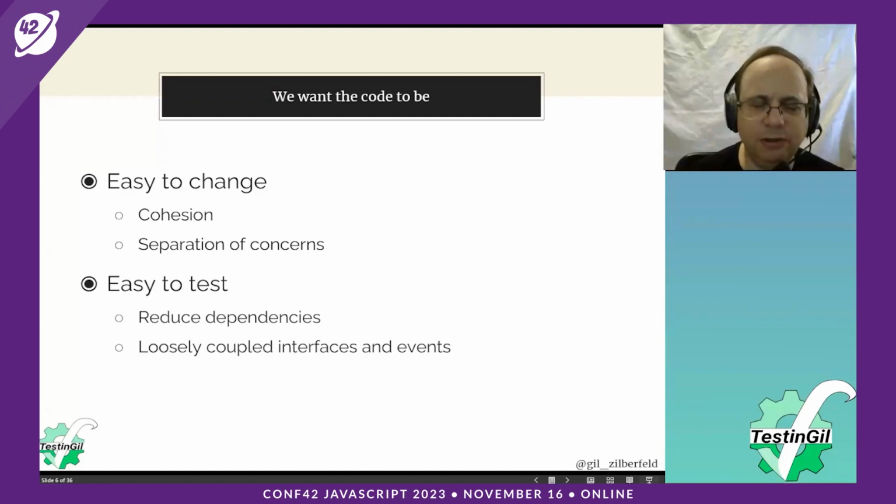When we're going to fix something or touch something, we'd rather focus on that thing and not all the other things that go with it. Dependencies, if you change here, you need to change there. So it makes it easier to change if there are no dependencies or things are separated.